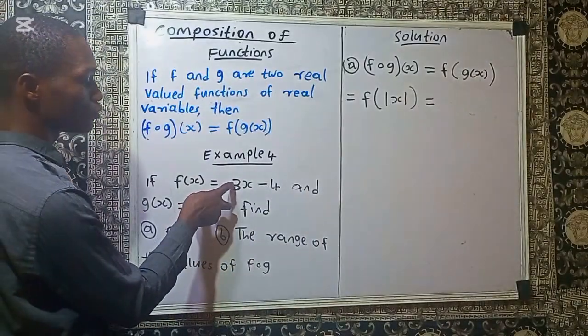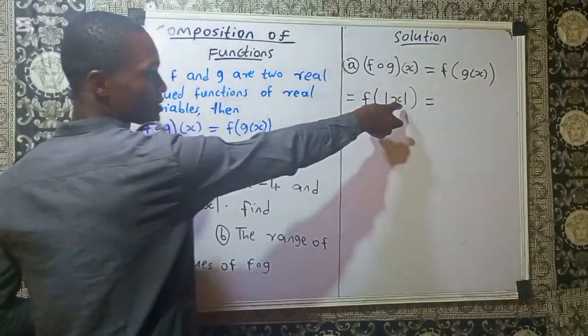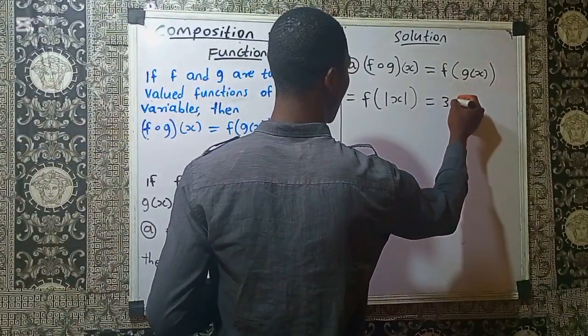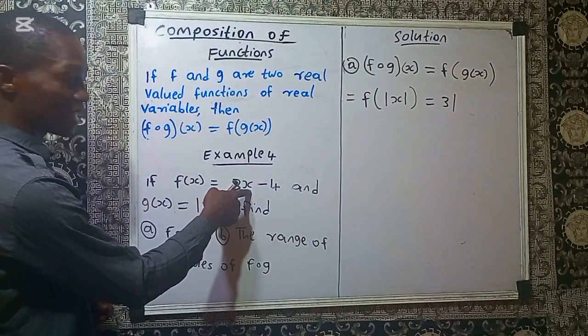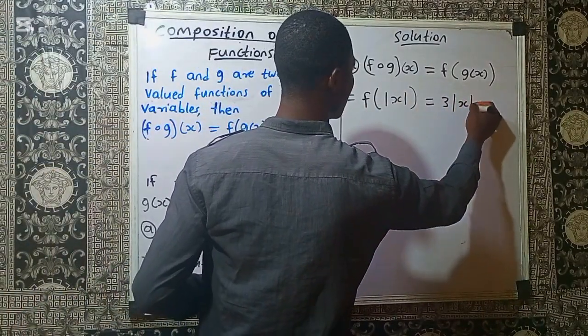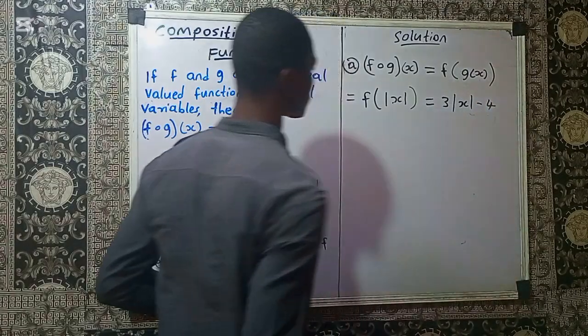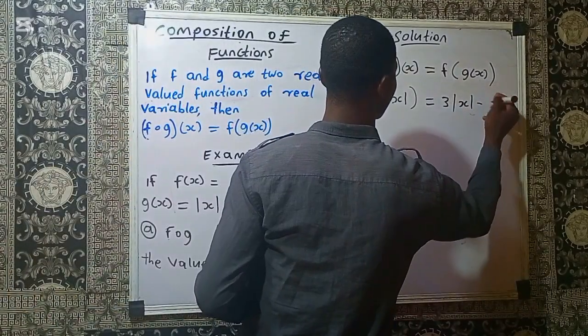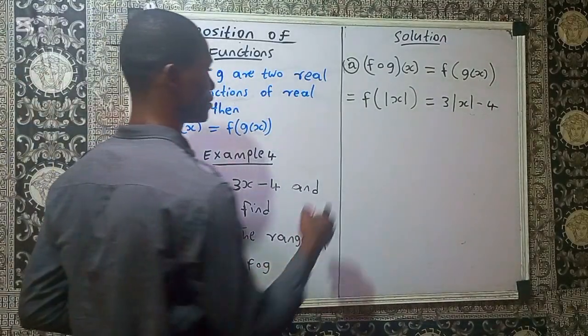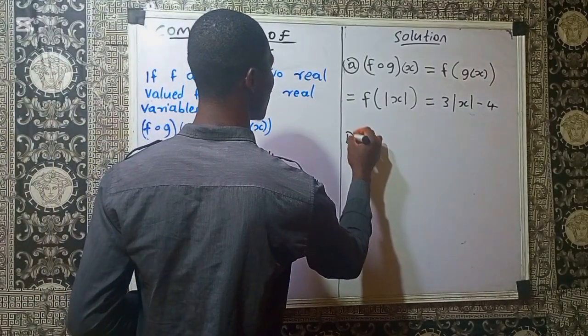I will now do 3 times what is inside now, absolute value, then minus 4. So instead of 3 times x, it will be 3 times this quantity, absolute value of x, then minus 4. This is our f composition g.